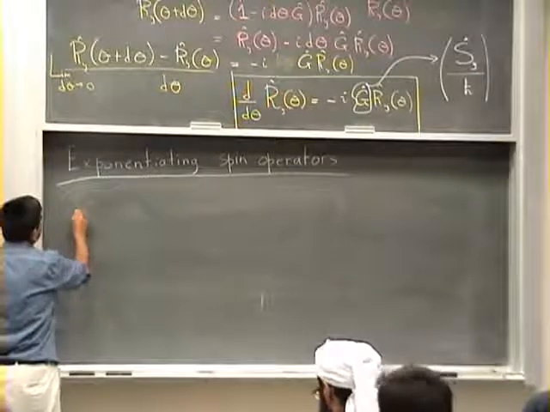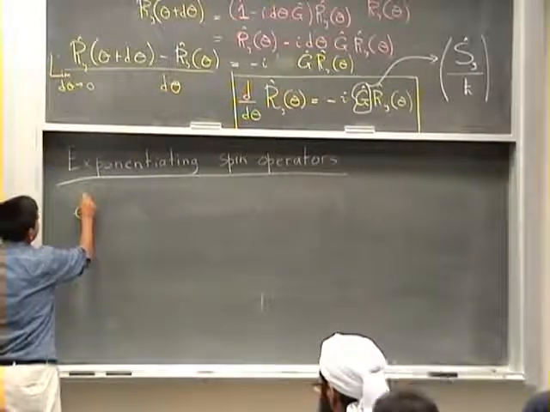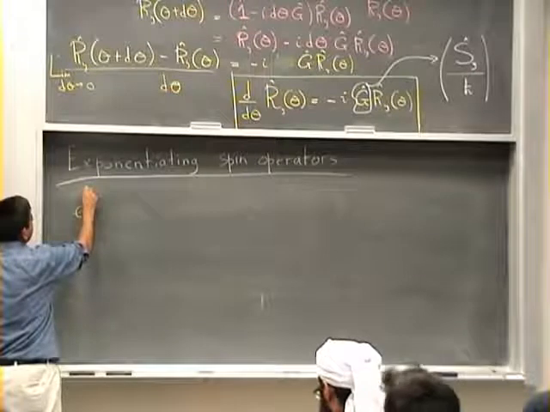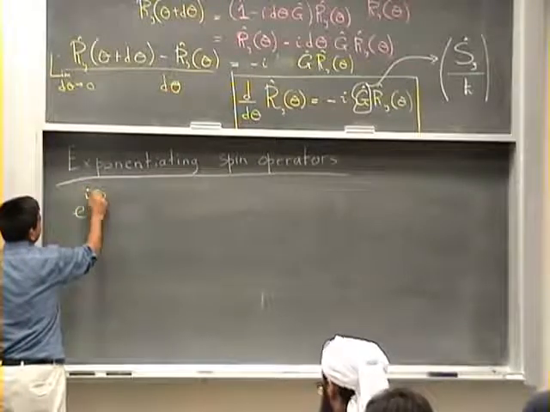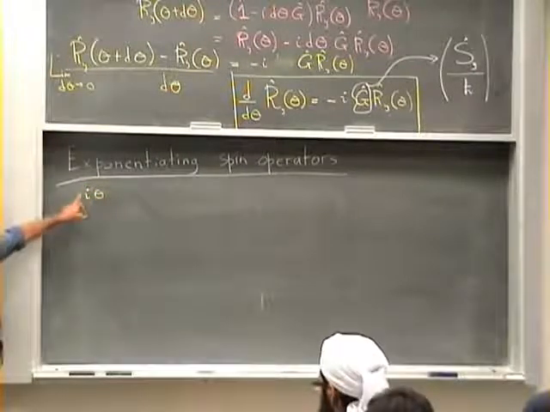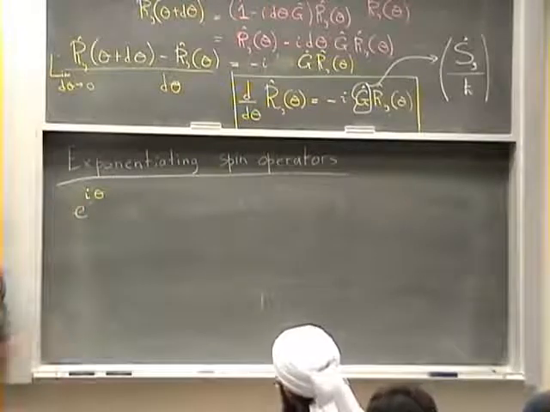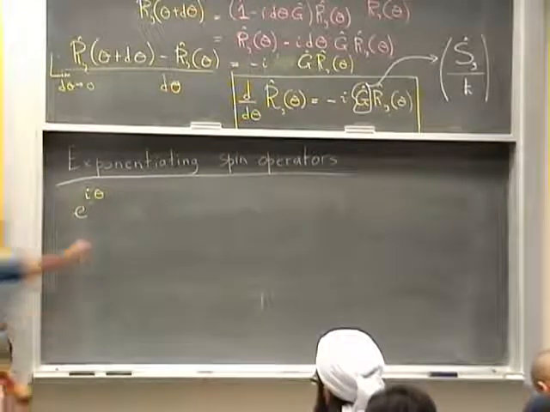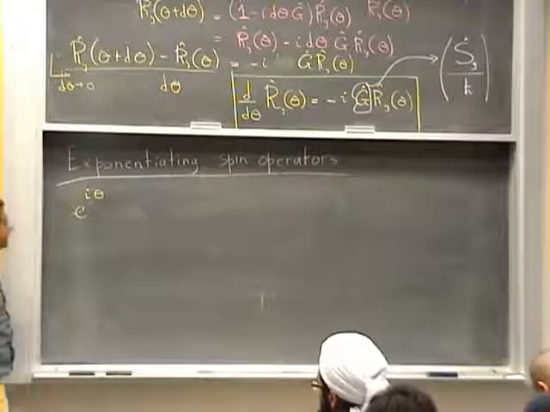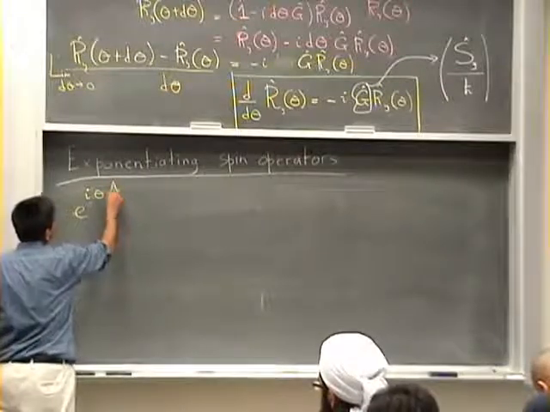Suppose I have E raised to power iota theta. I don't use a minus sign because I am going to prove a theorem. Theta is a real number, can be positive, negative, and I have some operator A.